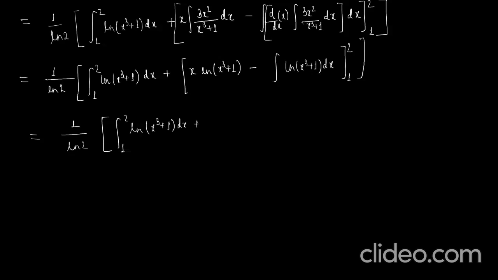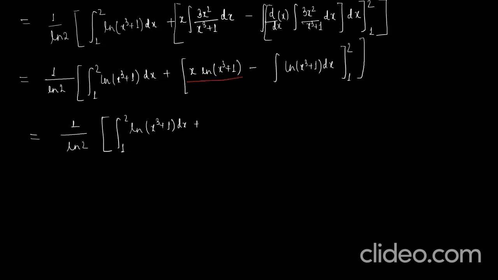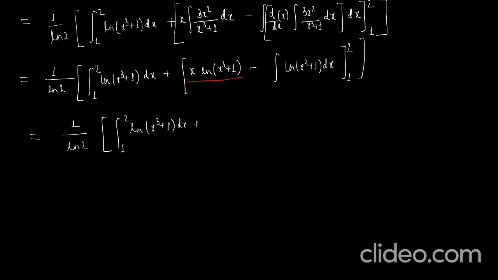dx plus, after applying the limit in this function, upper as well as lower simultaneously, on putting 2, we have ln 2 times ln 9, since 2 to the power 3 plus 1 is 9, minus ln 2 times the integral, since this will become a definite integral, of ln(x³ + 1) dx, bracket closed.